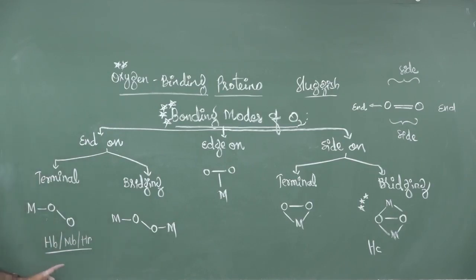In hemoglobin you can find myoglobin, you can find hemerythrin, myohemerythrin, but in hemocyanin you will be finding side-on bridging. Everywhere we just show a single bond only, but the bond order will change according to the metal it is binding with. In some exams, they are also giving examples like hemoglobin, myoglobin, hemerythrin. You simply write it as Hb, Mb, Hr.